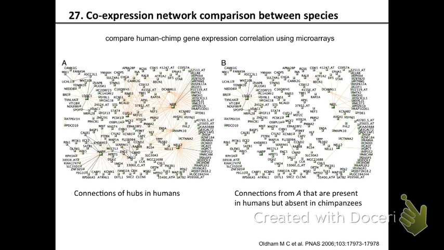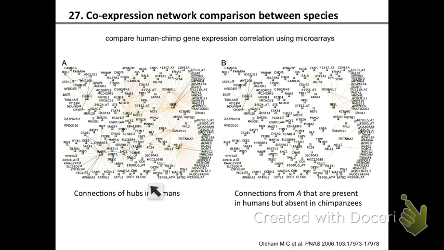So now you can make a network in which the nodes are the genes and the edges are the correlation of expression, right? These are called expression networks. So what can you do with that? Because you can measure expression quite easily, you can create all these networks, and you can do it in several animals.